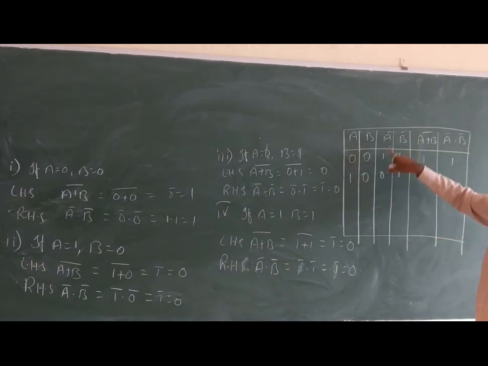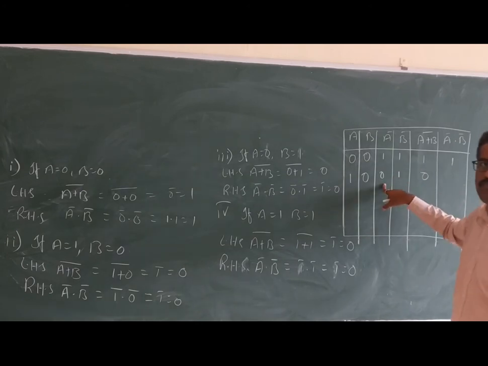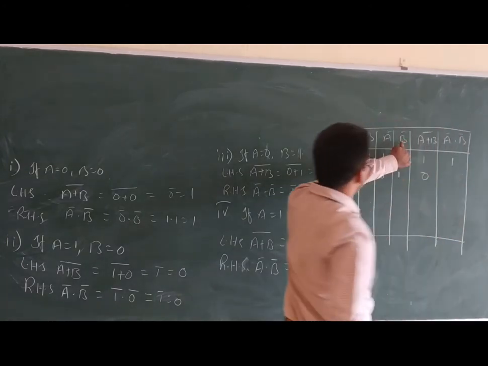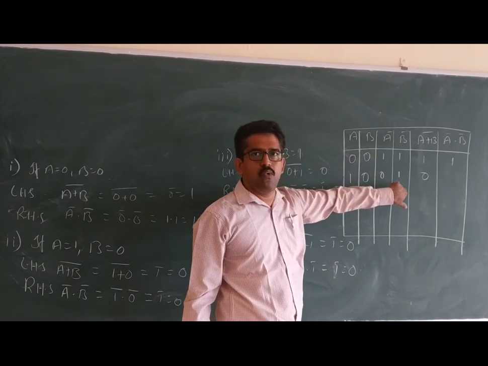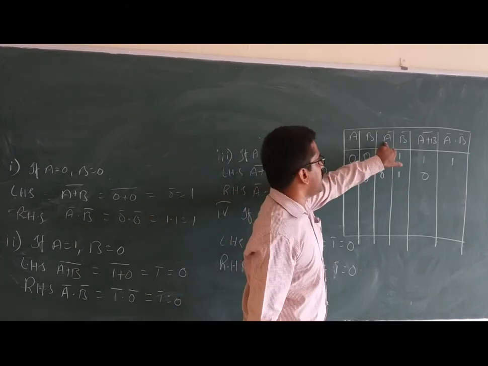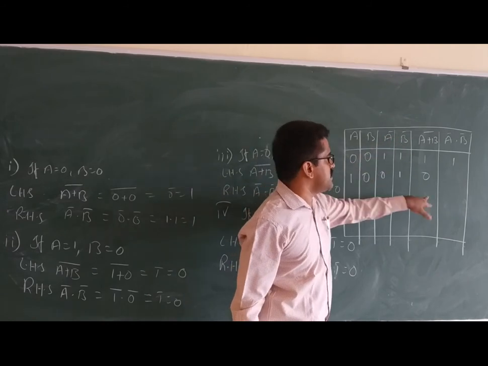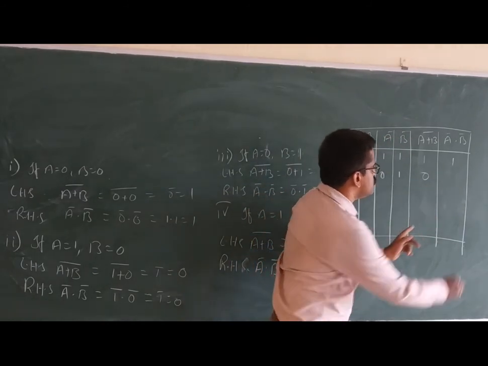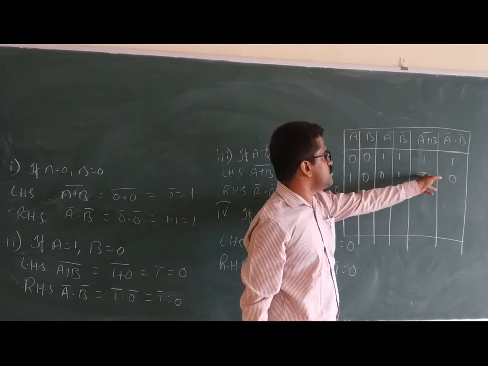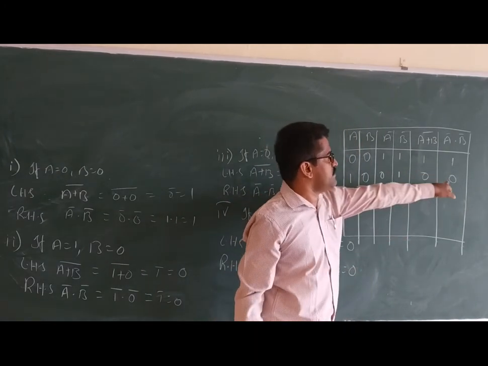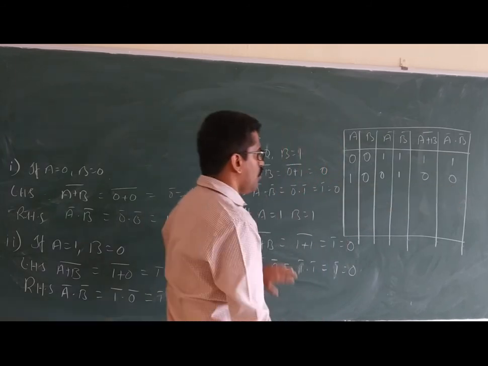Here 0 and 1. Here A is equal to 1, so the A complement is 0. Here B is 0, so the B complement is equal to 1. So A complement dot B complement is nothing but 0, meaning 0 into 1 is nothing but 0. Now case 3.